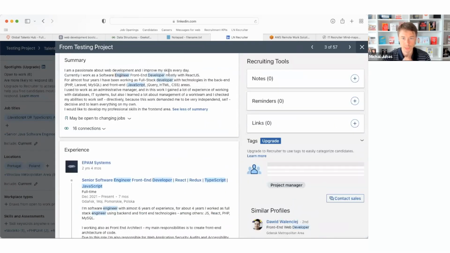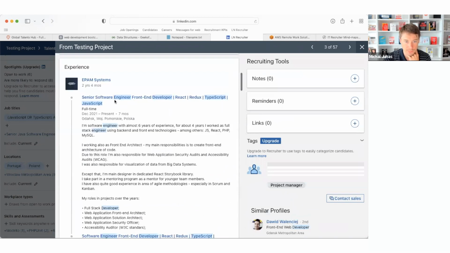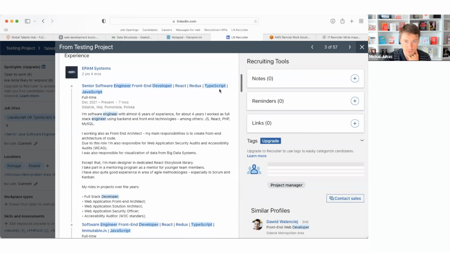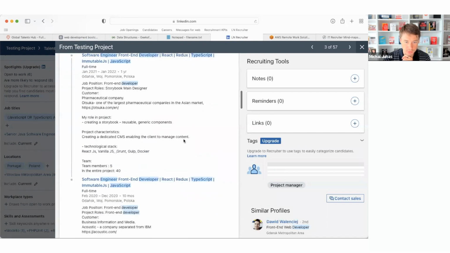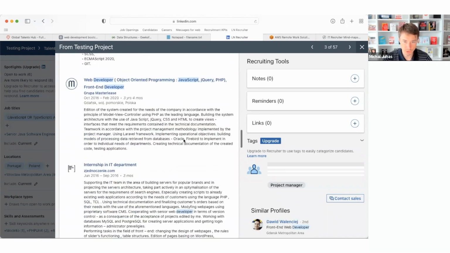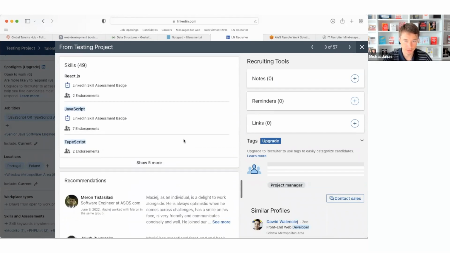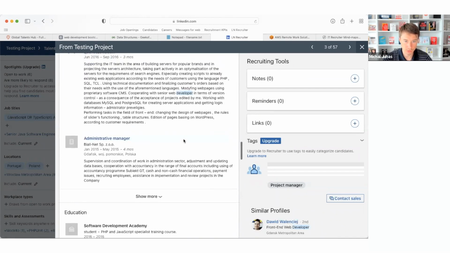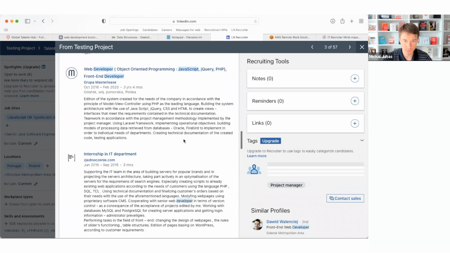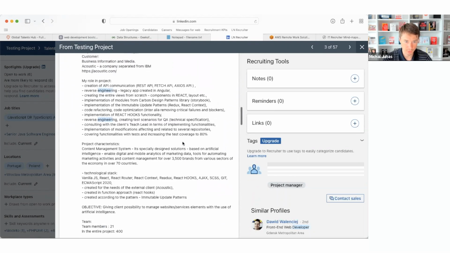Software engineer front end with React, that's good. Mostly JavaScript. Front end also TypeScript, 6 years of experience. Fullstack engineer with JavaScript, React, that's good. What about the data structures? Where can we see the data structure keyword or algorithms?